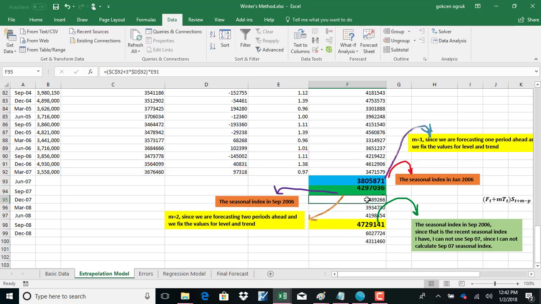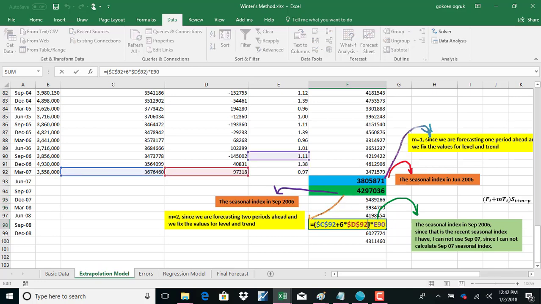It will continue like that for December 2007. As you realize, I'm still referring to the level forecast of March 2007 and the trend forecast of March 2007, but now I'm forecasting three periods ahead, so I'm going to adjust M to 3. And I'm going to use the seasonal index of the fourth quarter of 2006.